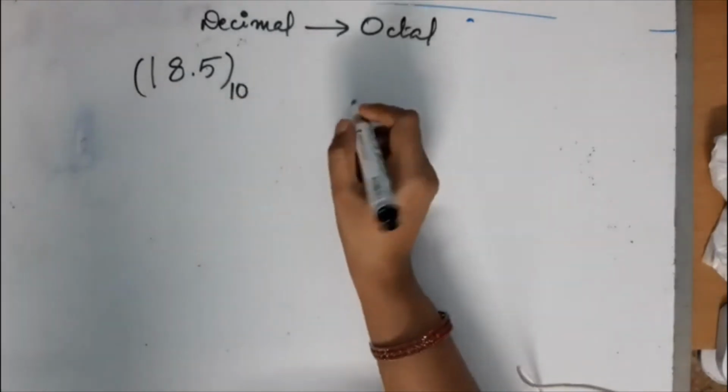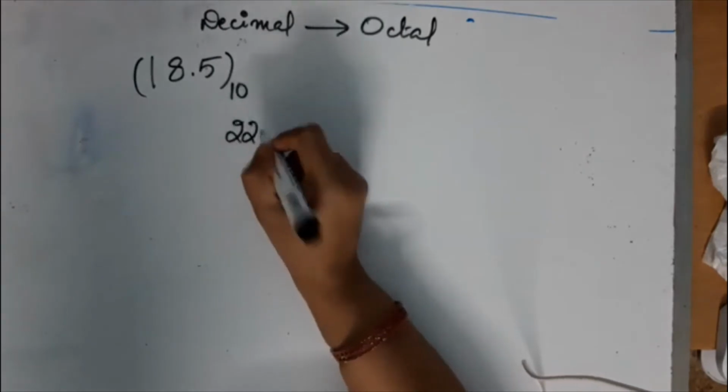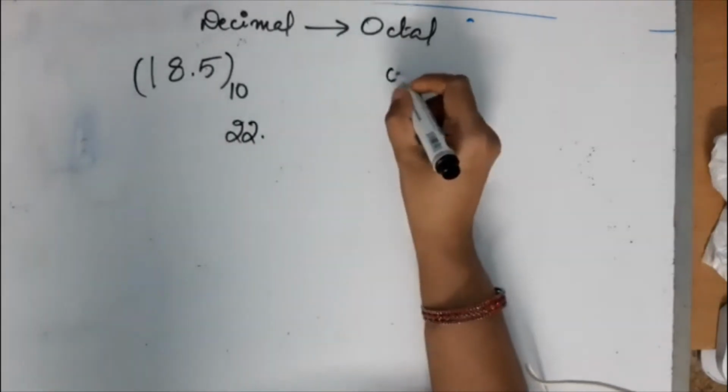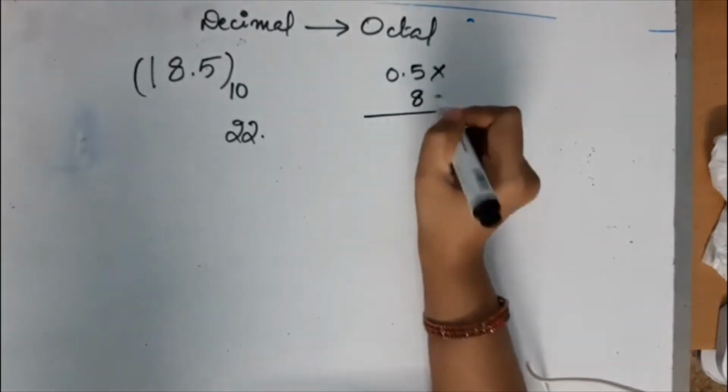In order to convert this, 18 we already know it is 22. 0.5 we will multiply by the base.